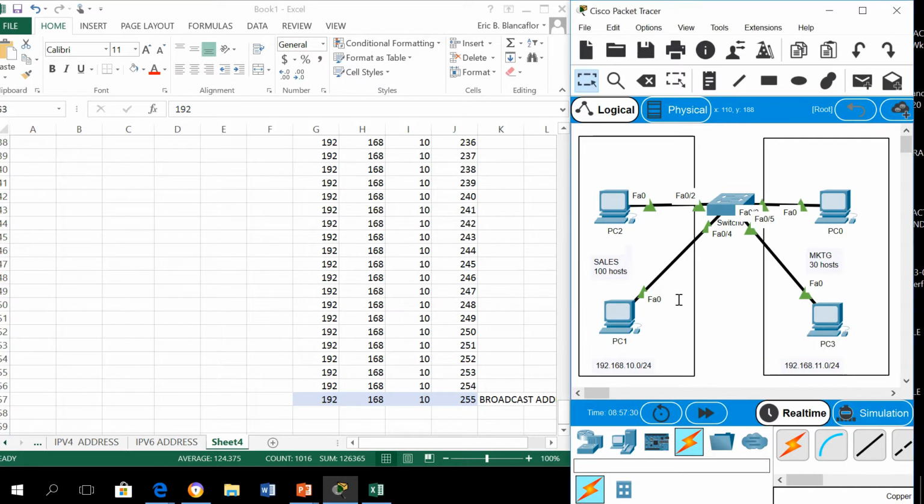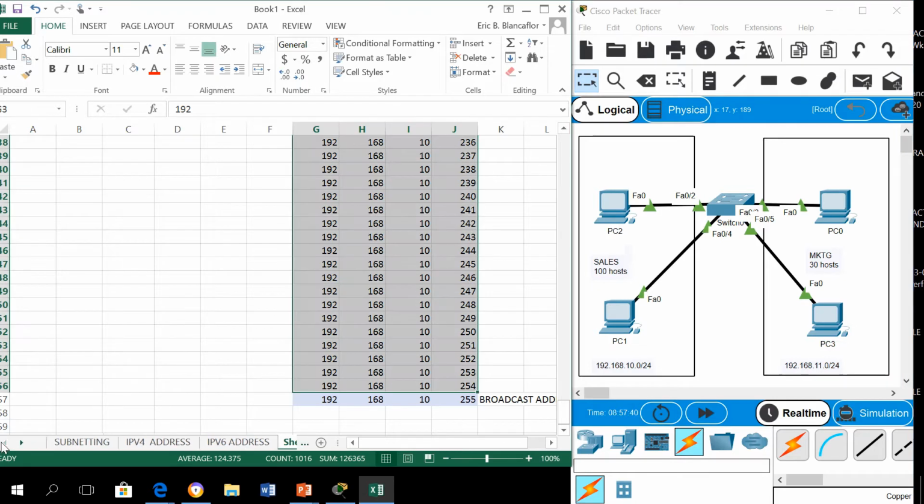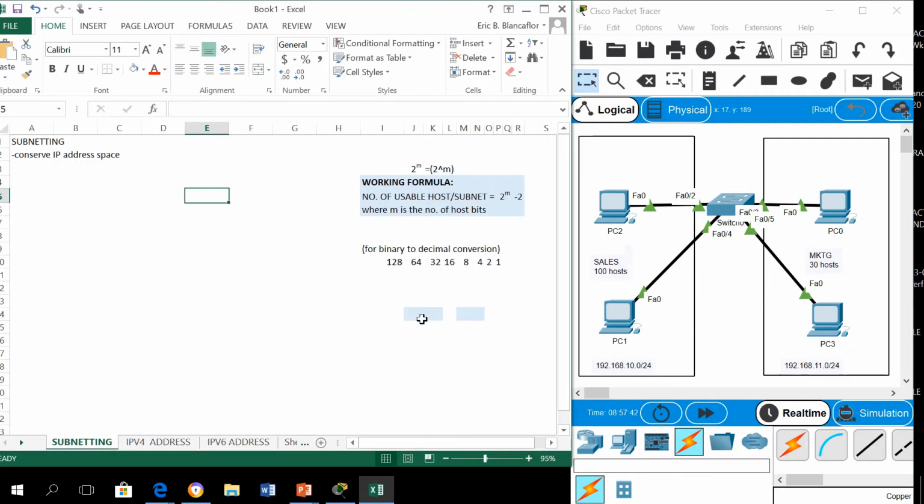Say I have assigned a class C network here, and I will only use 30 hosts. So the 224 will be left out. That's the use of subnetting. In subnetting, what we will do is divide this large network 192.168.10.0. There will be a division to accommodate the 100 hosts and another division for the 30.